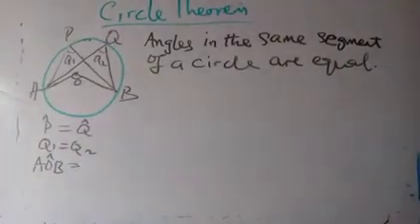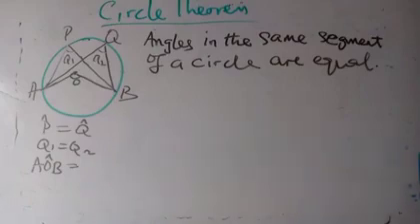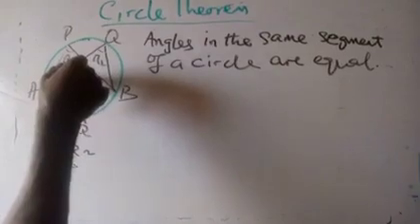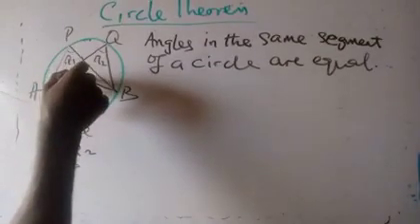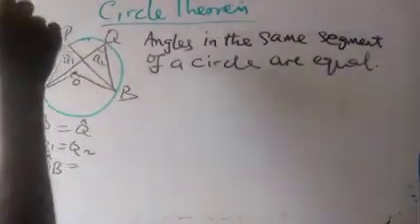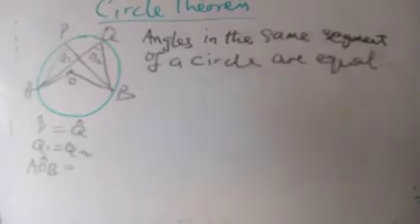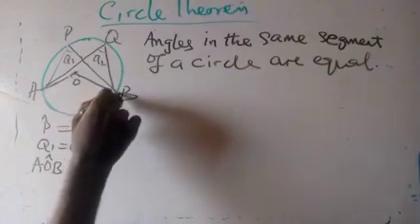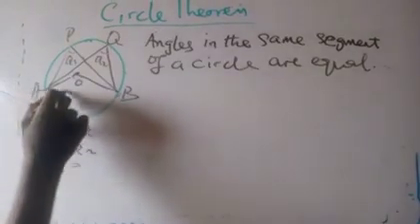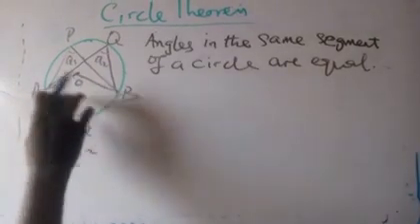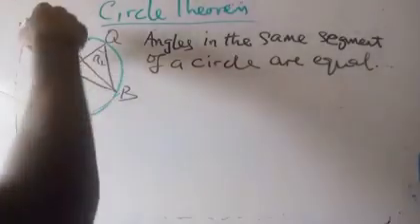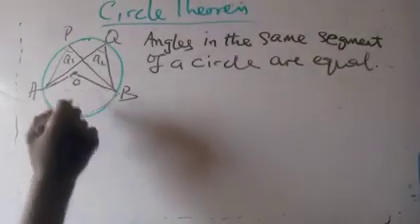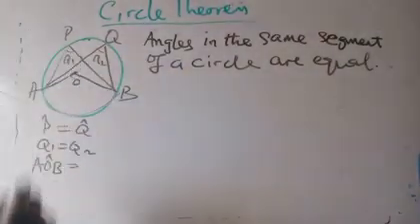Don't forget the theorem that says angle subtended at the center is twice angle subtended at the circumference by the same arc. This is the arc. Or look at the chord that divides a circle into a major segment and this minor segment, and this is the arc that subtends this angle and this angle.